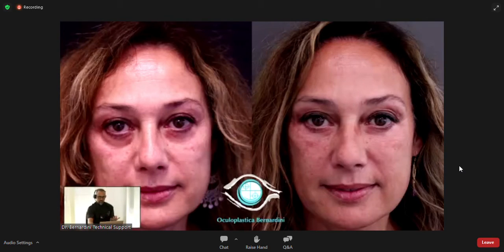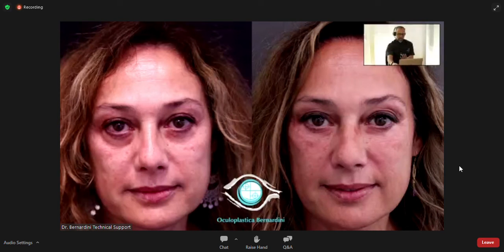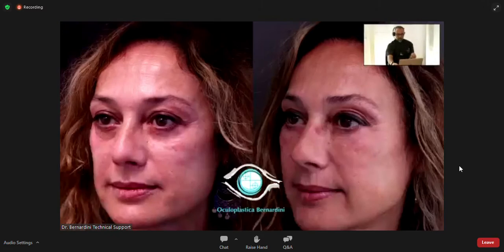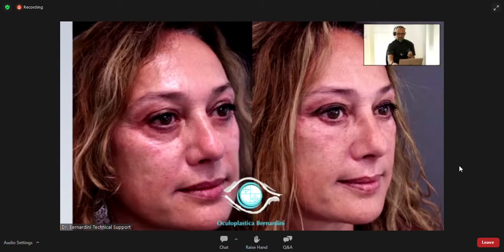But if I look at my clinical result, this is a before and after of a patient of mine, and you see good results. But if we want to look at this more critically, on a side view, where is the lift? Draw a line from the corner of the eyelid to the orbital ring, and then from the lateral limbus to the orbital ring before the treatment, and then draw the same lines after treatment.